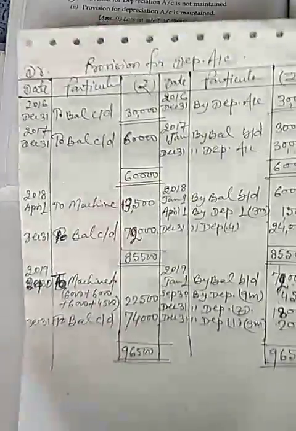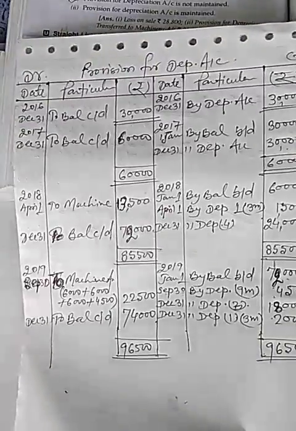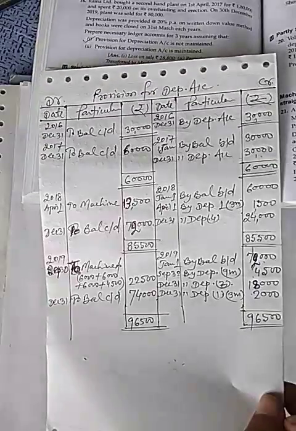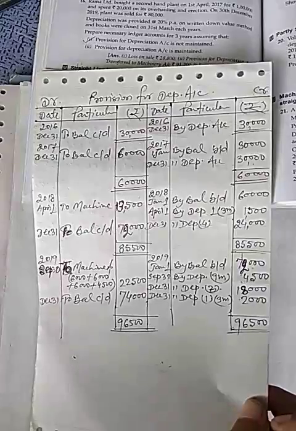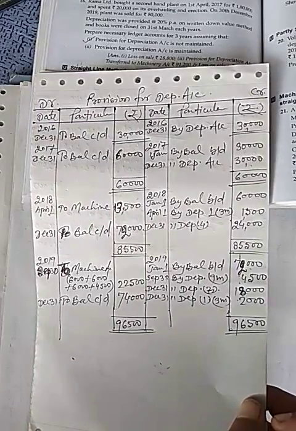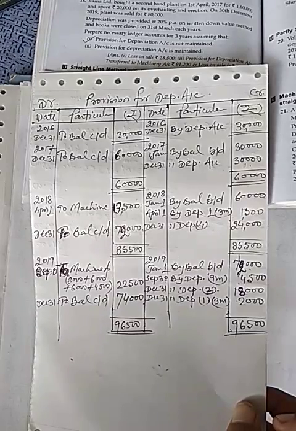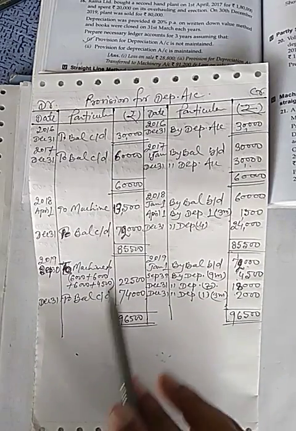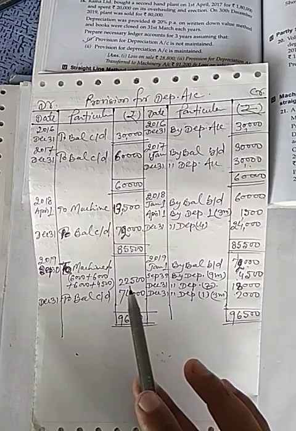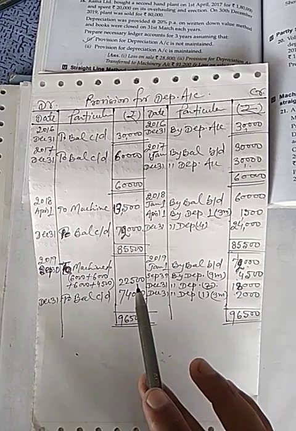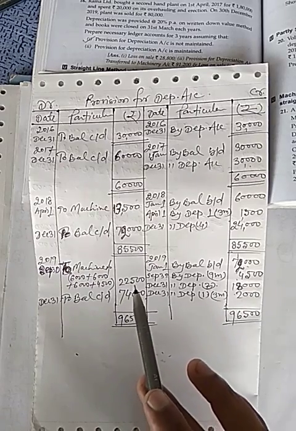So this provision for depreciation account was completed, and now we have to complete by putting the provision for depreciation account 22,500 in the machine account.